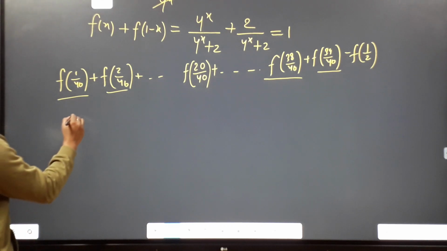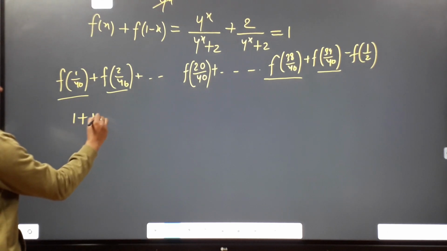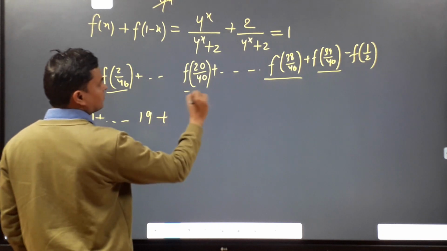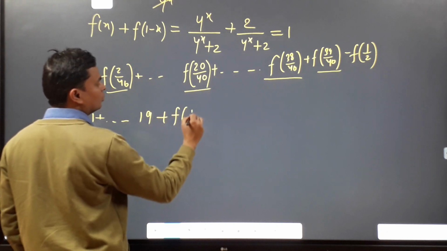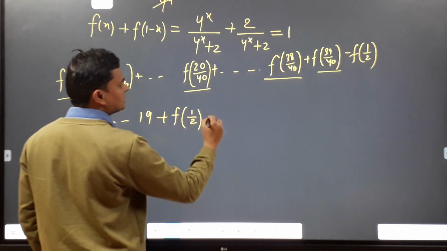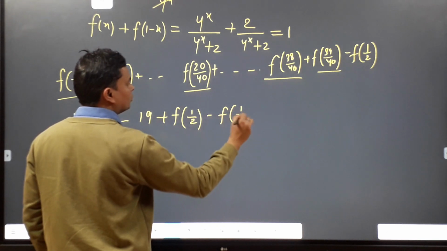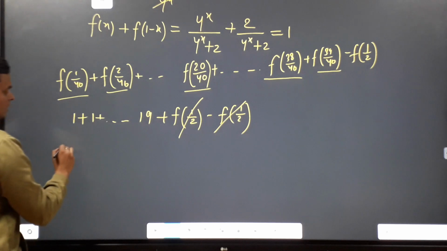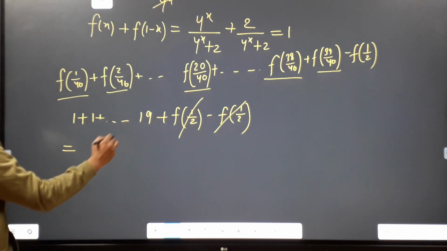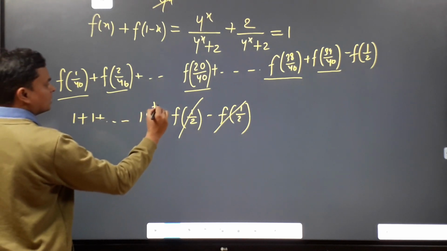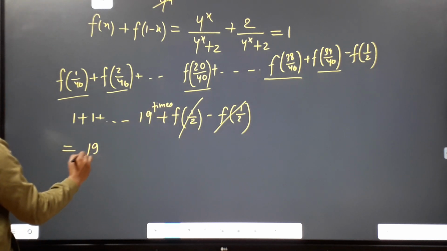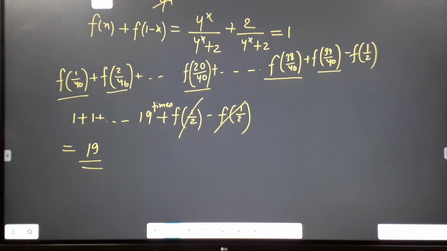Therefore it will be 1 plus 1 plus 1 till 19 times, plus f(1/2), and minus f(1/2) at the end. These two terms cancel, and 1 added 19 times yields 19. So the final solution is 19.